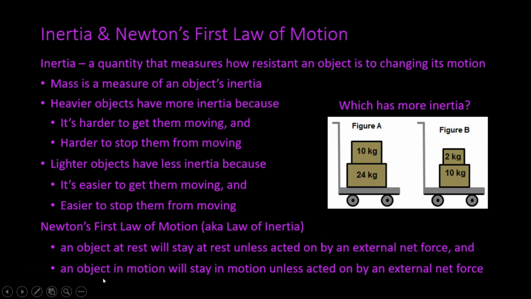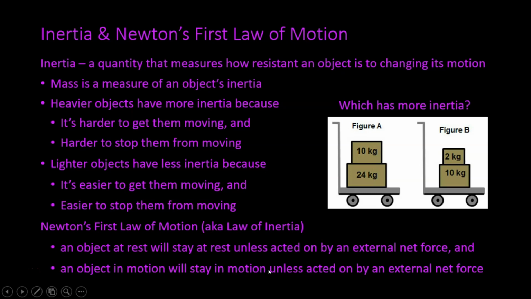The last one here, or the second one, is a little harder to visualize, but if an object's moving, it will stay in motion unless acted on by a net external force. So for instance, if we take a ball and we let it roll down the floor, it will keep moving until an external net force acts on it. Now, the reason I say this is hard to visualize is we know if we let it roll long enough, it's going to come to a stop.